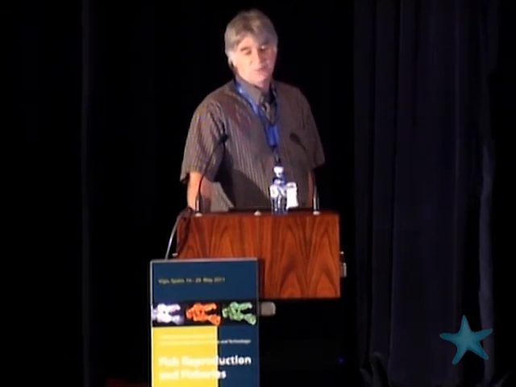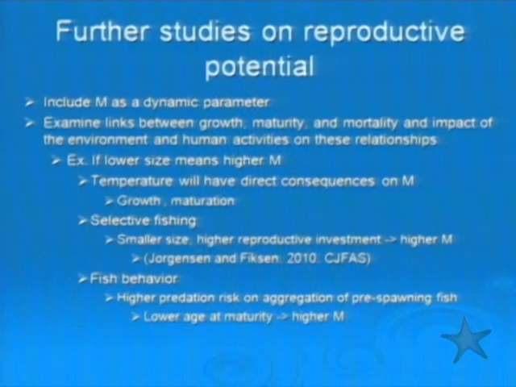So future studies on reproductive potential should include M as a dynamic parameter instead of just putting it as a constant value. We should then examine what the links are between growth, maturity, and mortality, and the impact of environment and human activities on these relationships. For example, if lower size means higher mortality, temperature will have direct consequences on natural mortality since it will affect growth and maturation.